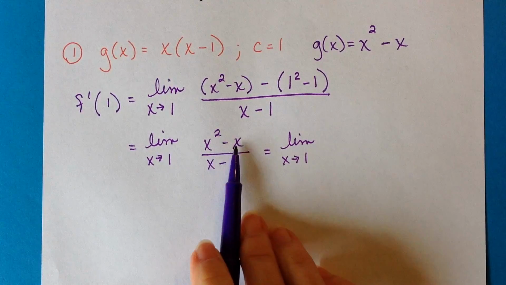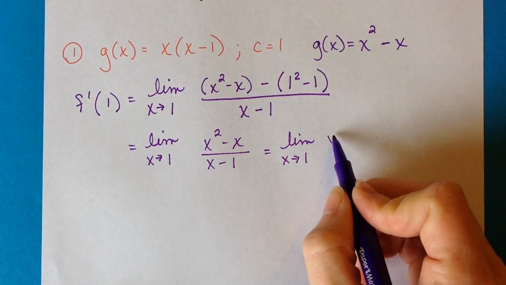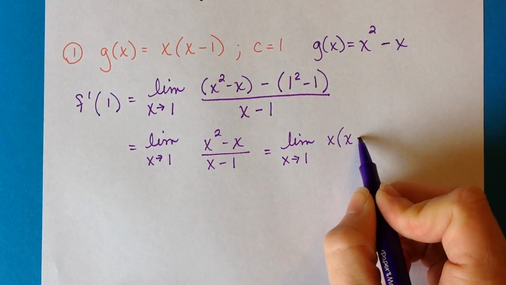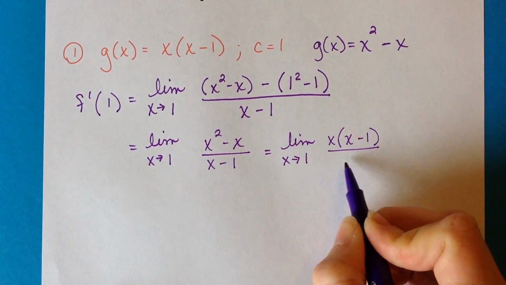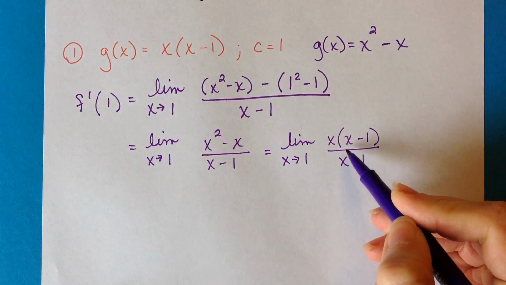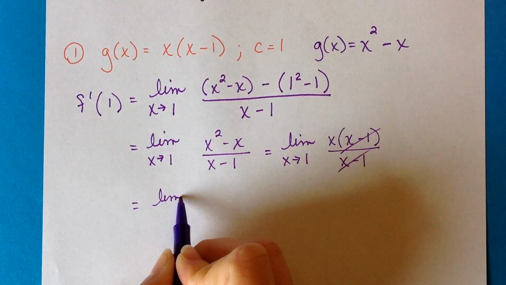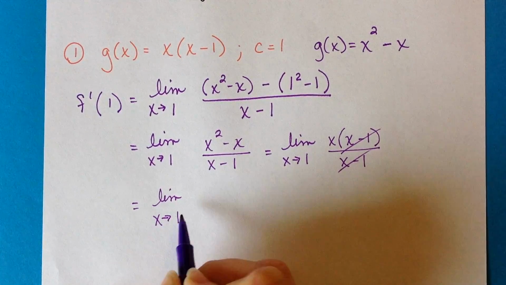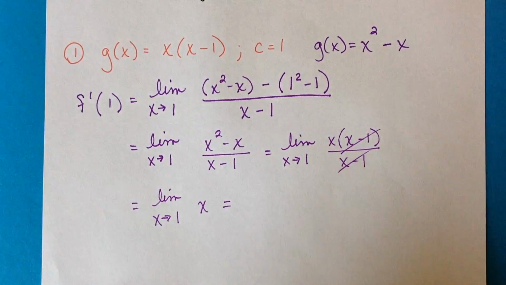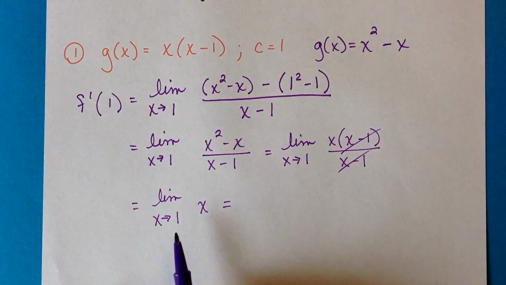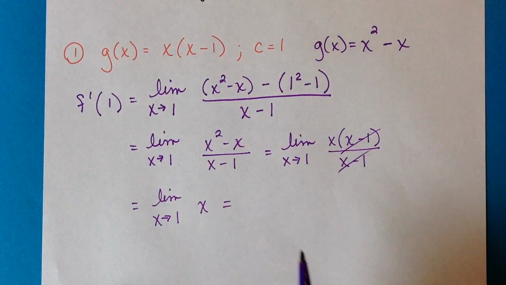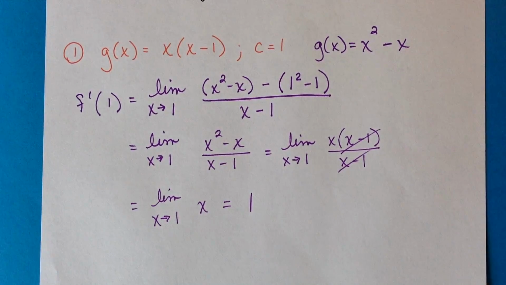You can do some factoring. You have a common factor in your numerator of x that you can factor out, and therefore your x minus 1s are going to cancel. So that just leaves you with x. So now doing direct substitution, you're just going to substitute in 1, so therefore that is your answer to this.